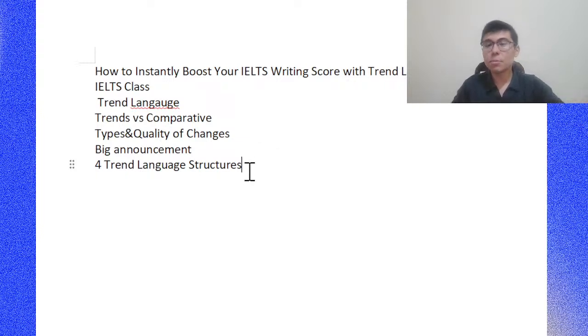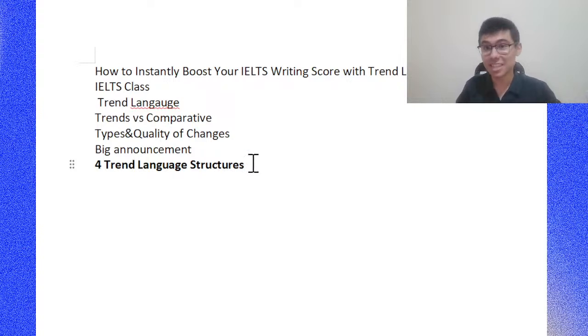I believe that the most important part of this video is this one because it really helps you to increase your score, and a lot of the students actually make a ton of mistakes because they don't actually know how to correctly structure their language in IELTS Writing Task 1.